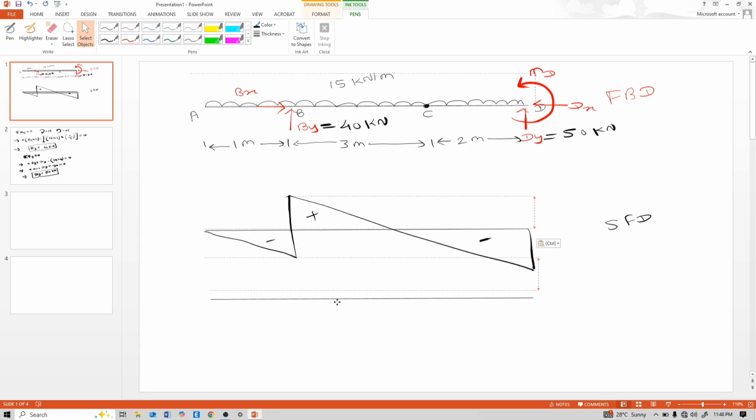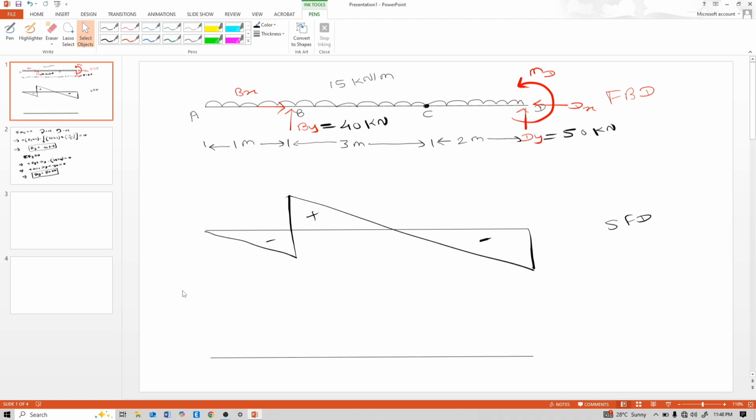For shear force, we don't have an internal hinge effect. SFD has no effect of an internal hinge. So at point A, moment is again 0, then a parabolic curve, then again maximum, see like this.